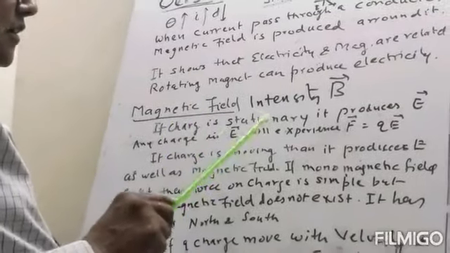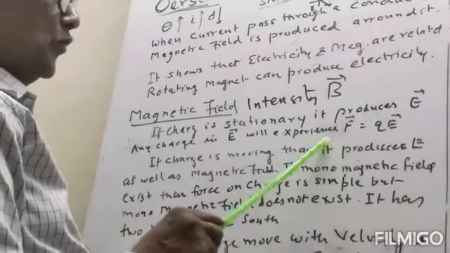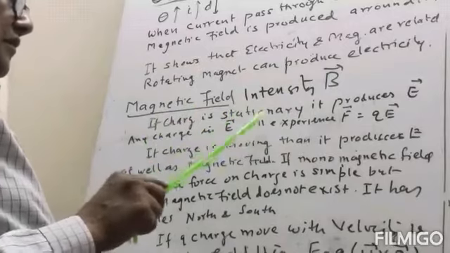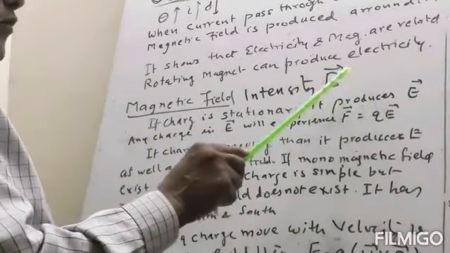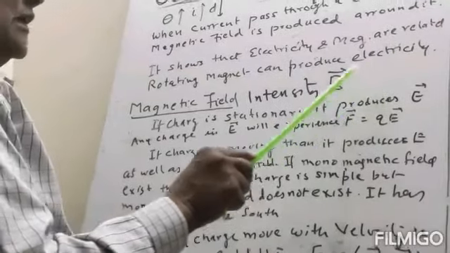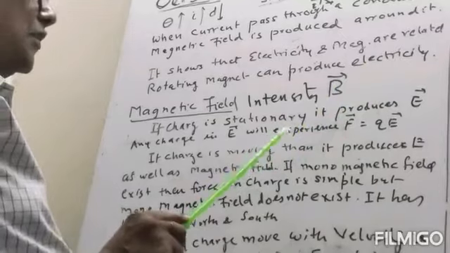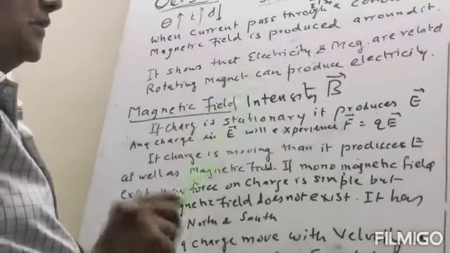It means there are two poles. One is the north pole and another is the south pole. In charges there are positive charge and negative charge, and they can be separated, but the north pole and south pole of a magnet cannot be separated.